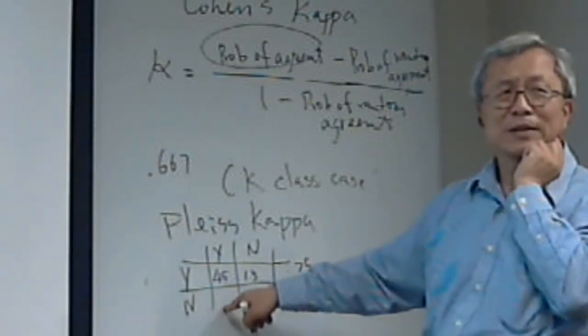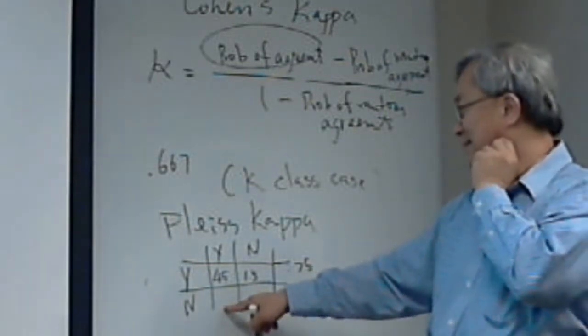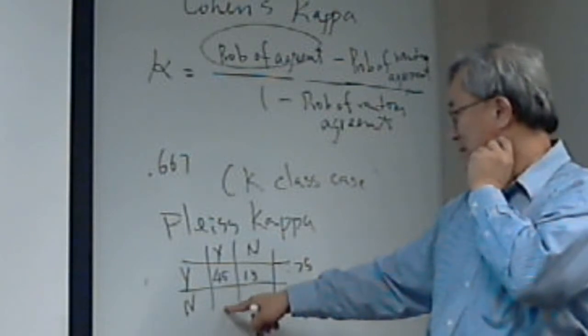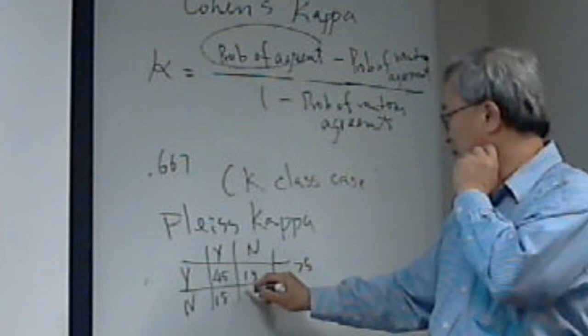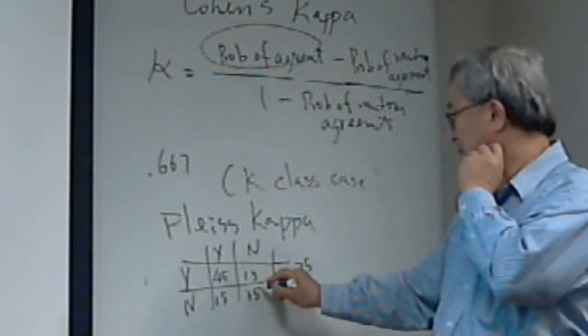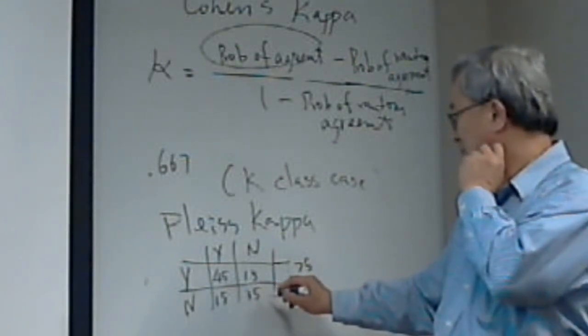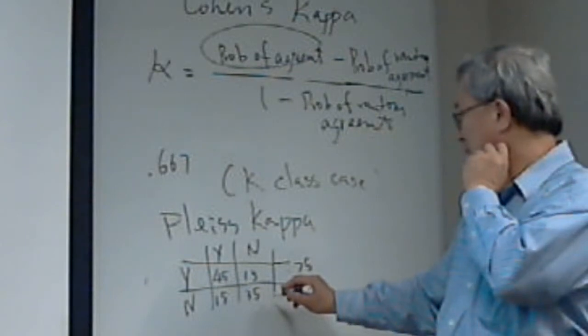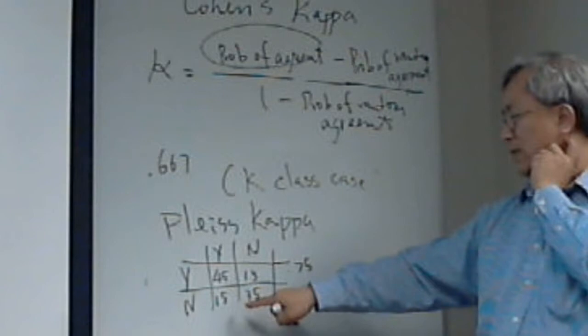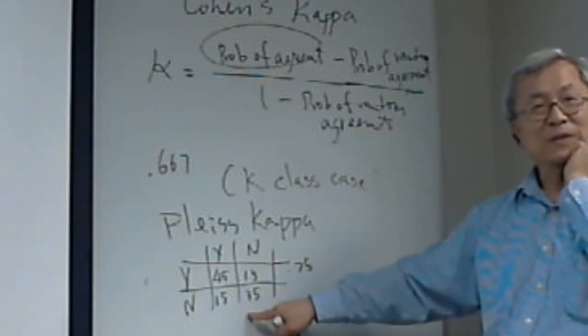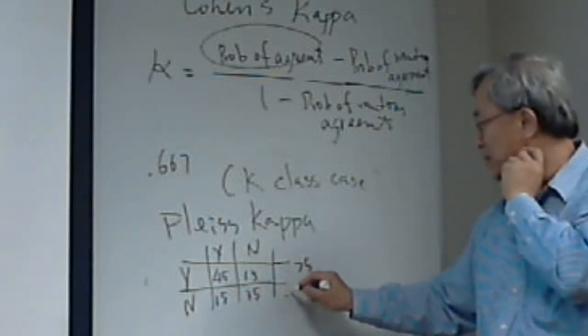So I put 75% also. Put a different number, 15, 35. So 35 out of 50, that would be 70%, right? So that, okay, 0.70.